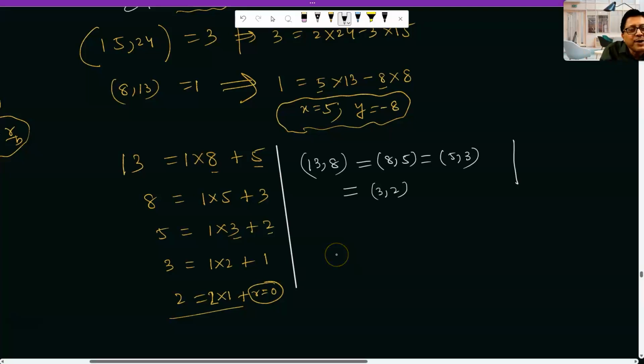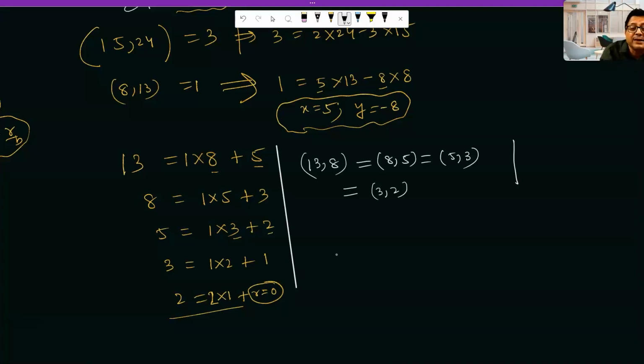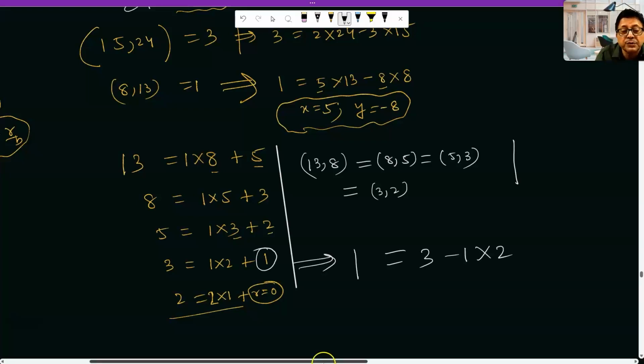With the Euclid lemma, you have got this. From the second last step, we are going back. What is the remainder in the second last step? That is equal to 1. So you start from there. The last step implies that 1 equals 3 minus 1 into 2.